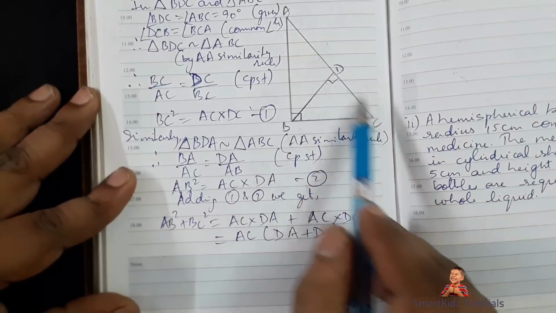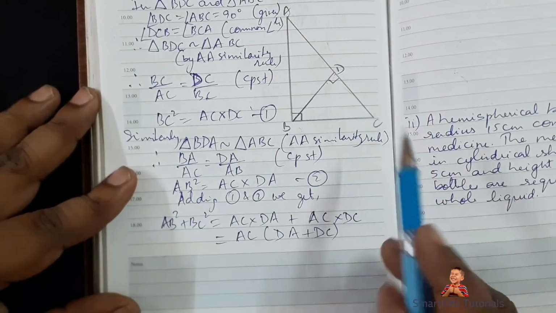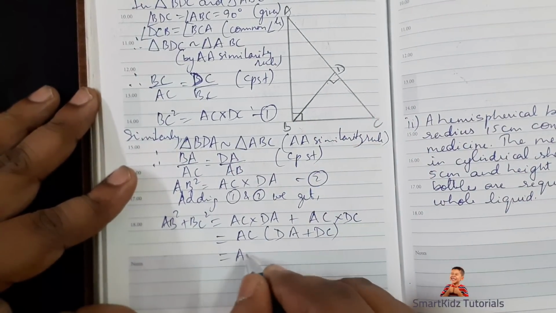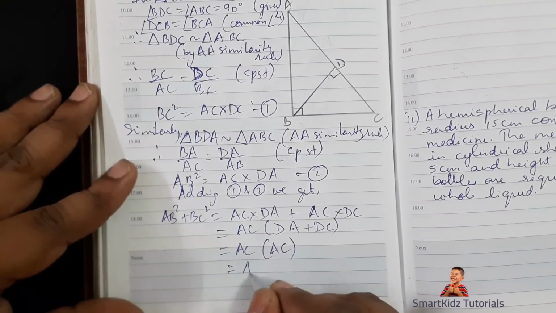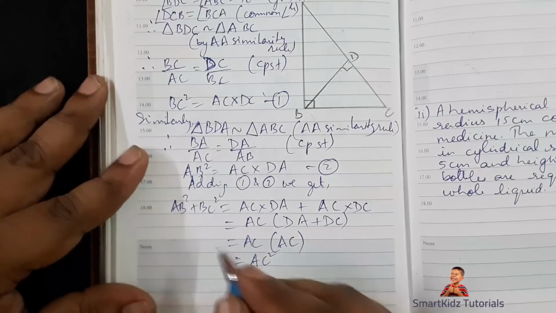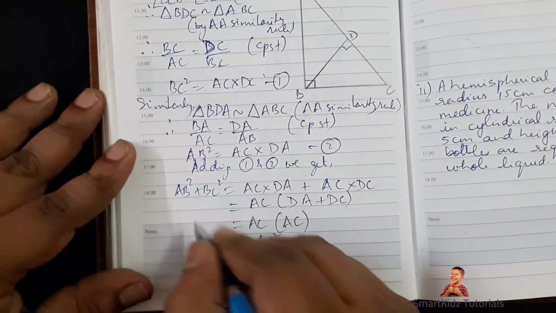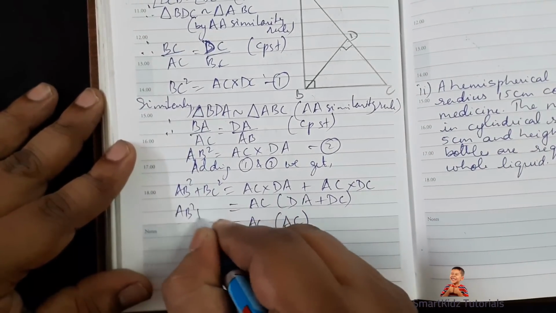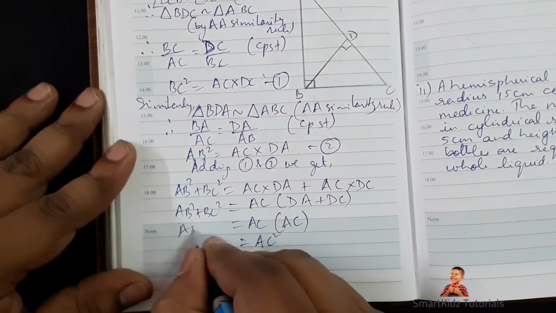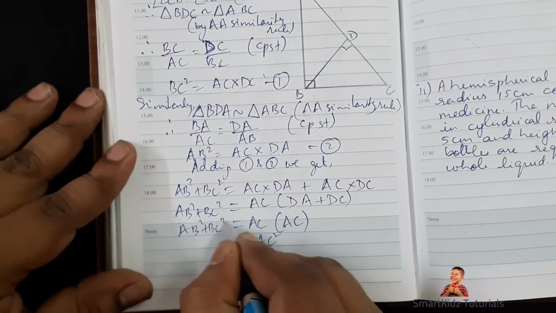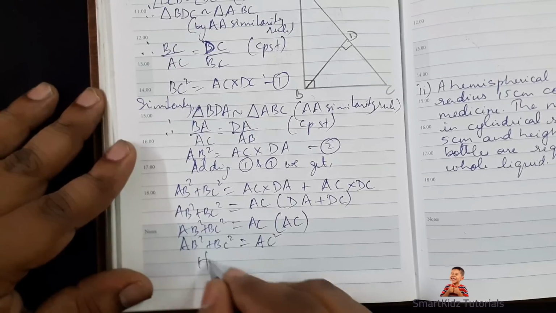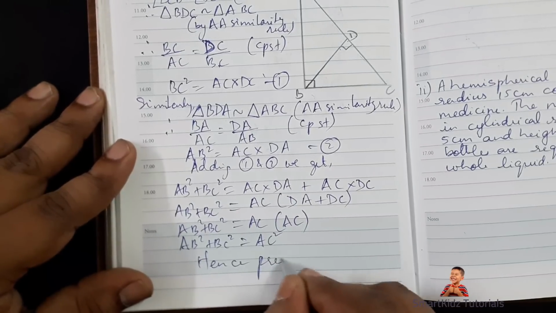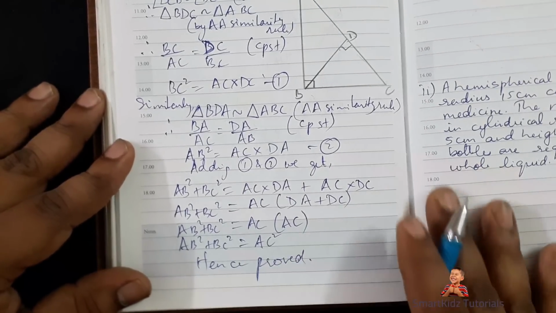Now DA and DC, if we add them together, we'll get AC. So it is equal to AC into AC, which is AC square. So we have AB square plus BC square equals AC square. Hence proved. Okay, for 3 marks.